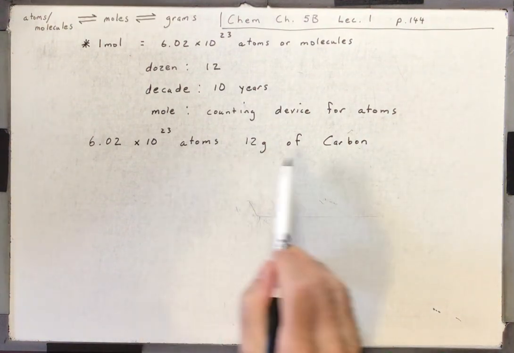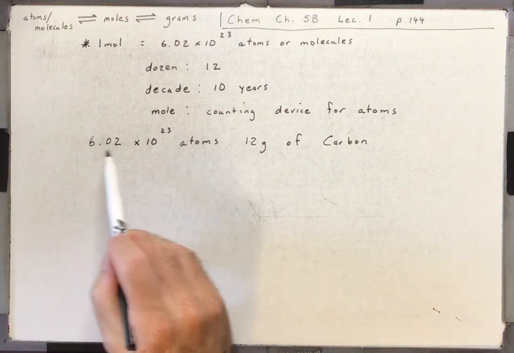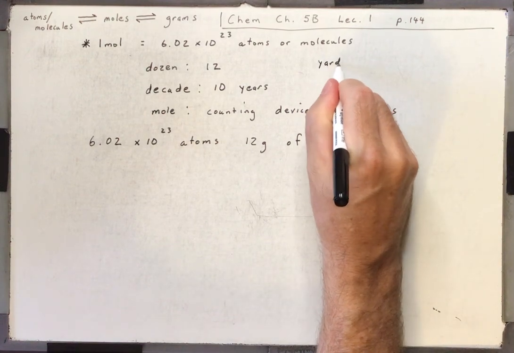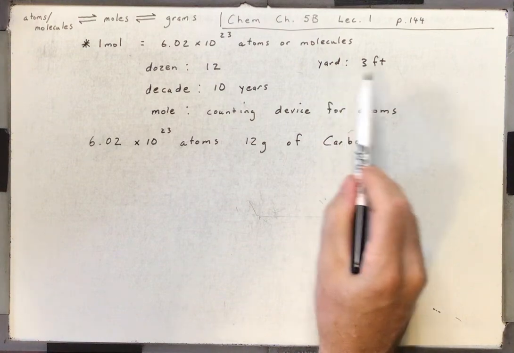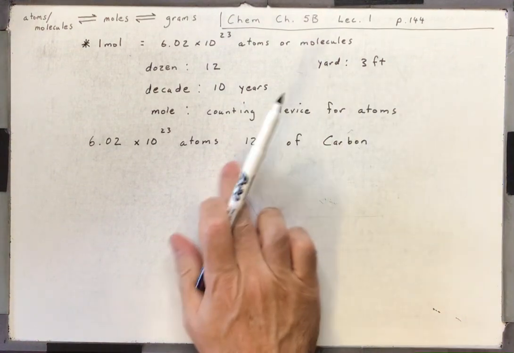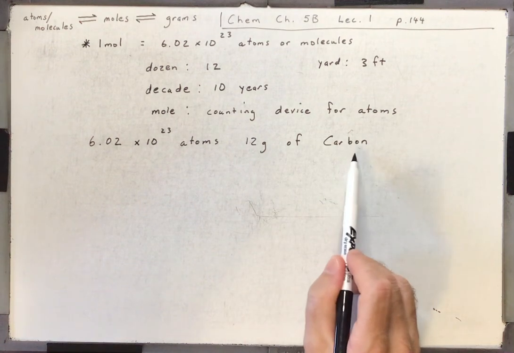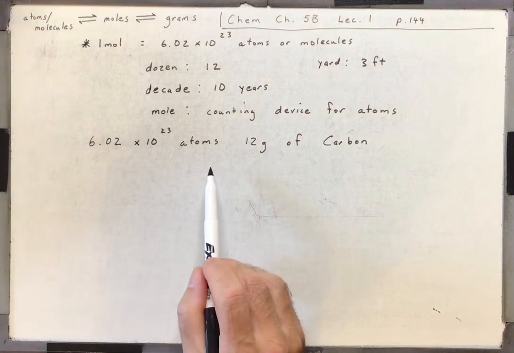Carbon was used as a yardstick here. A yard is 3 feet, so that's used as a counter in football. So there's 6.02 times 10 to the 23rd atoms in 12 grams of the most common isotope of carbon. We use that as our counter.